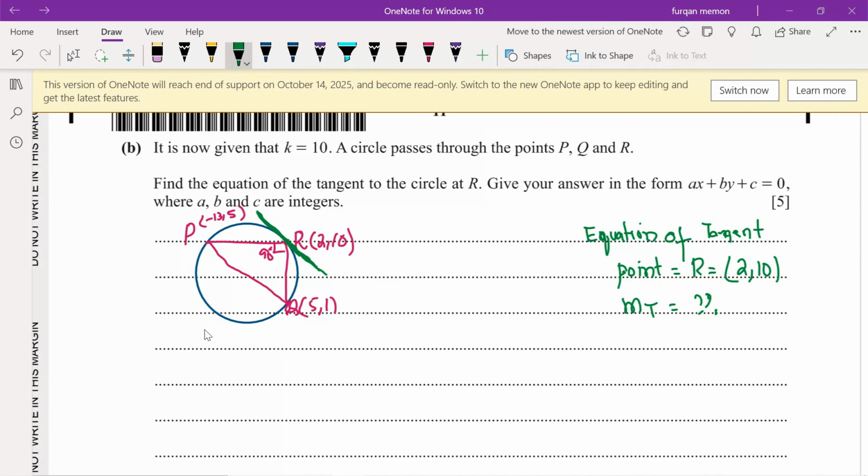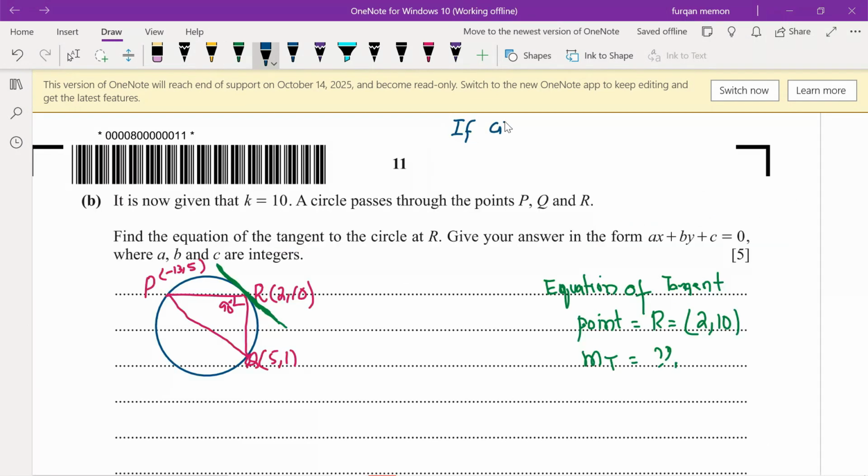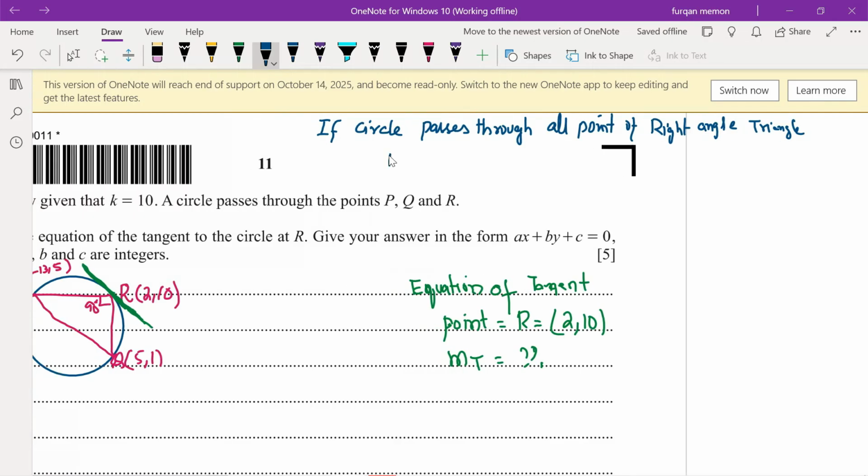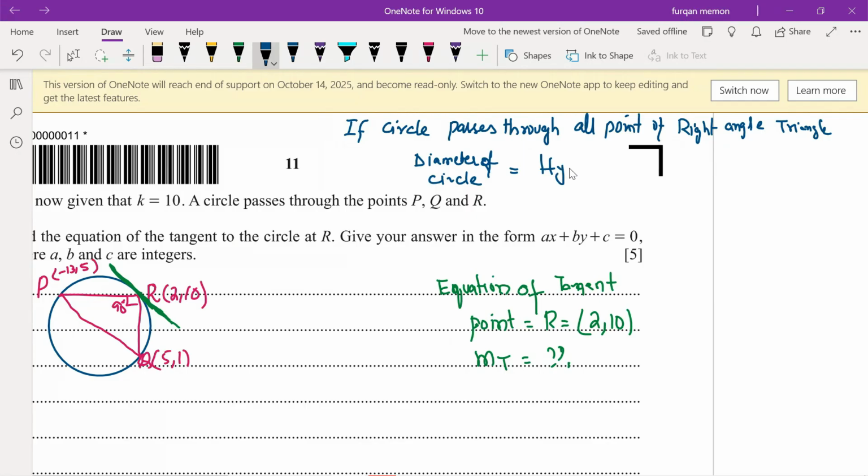One concept you need to know is that if a circle passes through all points of a right angle triangle, then the diameter of the circle is equal to the hypotenuse of the triangle.